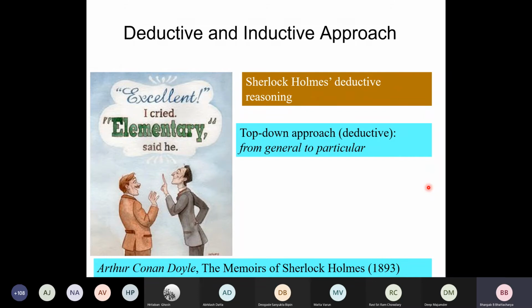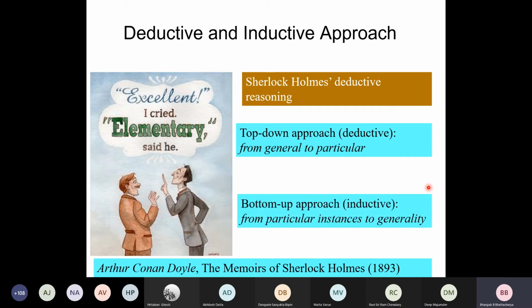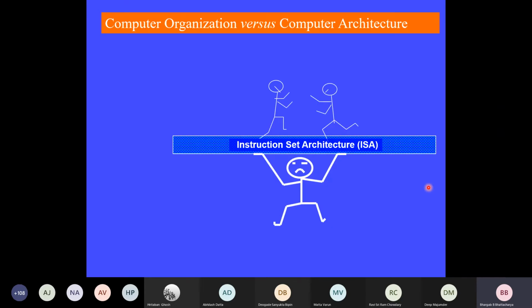So when you write a recursive routine, it is nothing but a top-down or deductive approach, from general to particular. And the bottom-up approach is inductive, in the sense that it goes from particular instance to generality. This top-down and bottom-up view can be found in the domain of computer organization also.